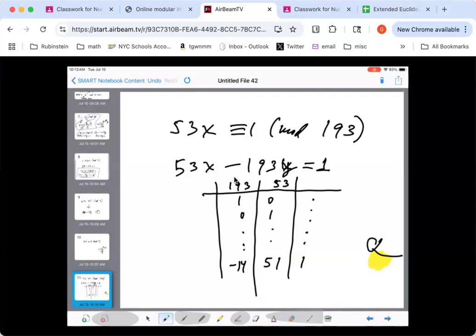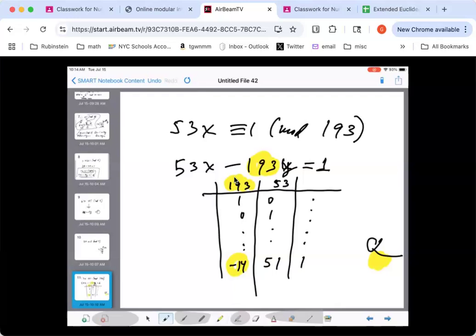I'm actually not going to do that adjustment factor. Anyone know why not? Well, I guess you wanted x to be negative. Well, I didn't want x to be negative. I wanted y to be negative, but it was because the 193 was in the 193 column. It's not necessarily that I wanted x or y to be negative, but I wanted the thing with the 193 to be negative.